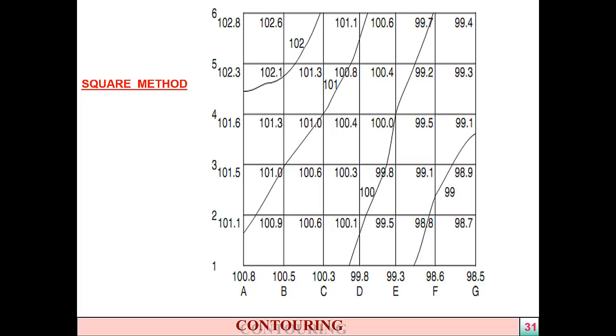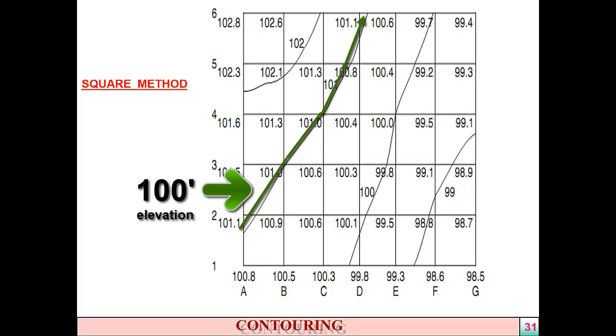What we would do with this particular plot is come in and set flags or stakes at these different intervals, whatever the intervals happen to be, and then we would get the readings at these intersection points, and that would allow us to connect the areas of equal elevation by drawing our contour lines after we're done.